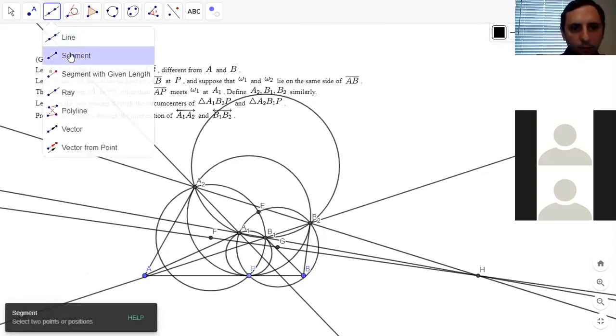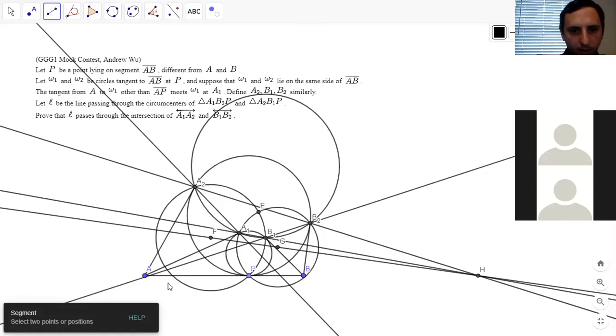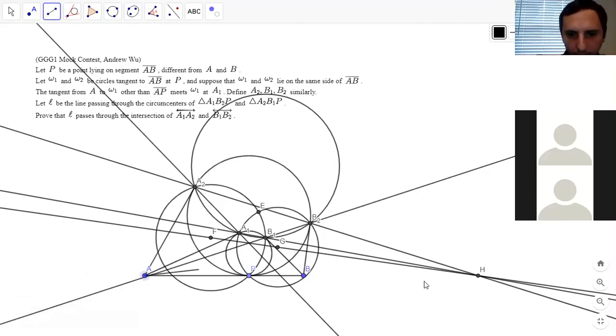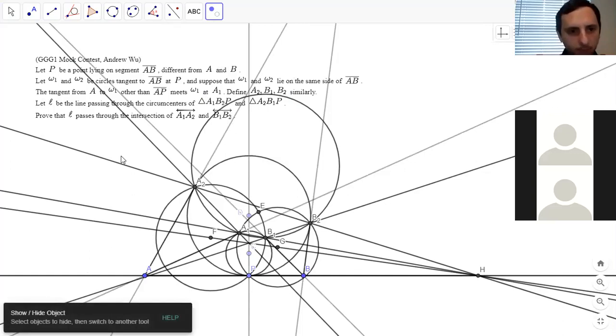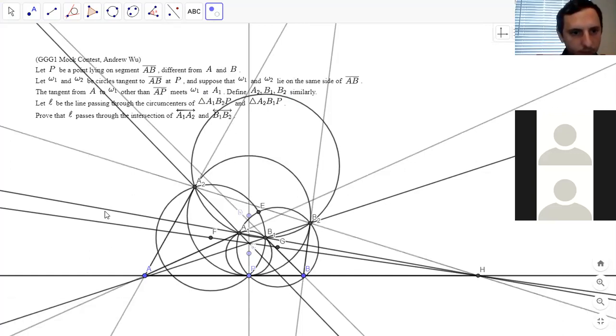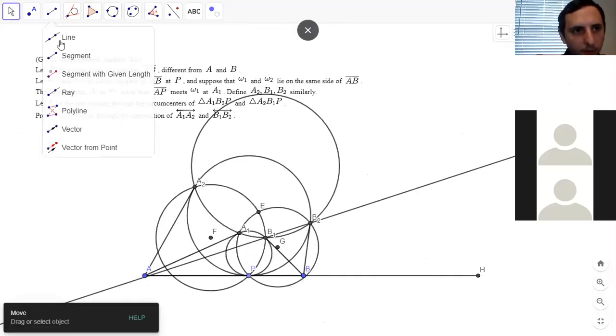I'm not sure what we've proved and what we haven't. But is that an easy angle chase? Let me hide a bunch of stuff. Well, we haven't shown the concurrence of 3 lines yet, right? Yeah, there are 4 lines that concur.